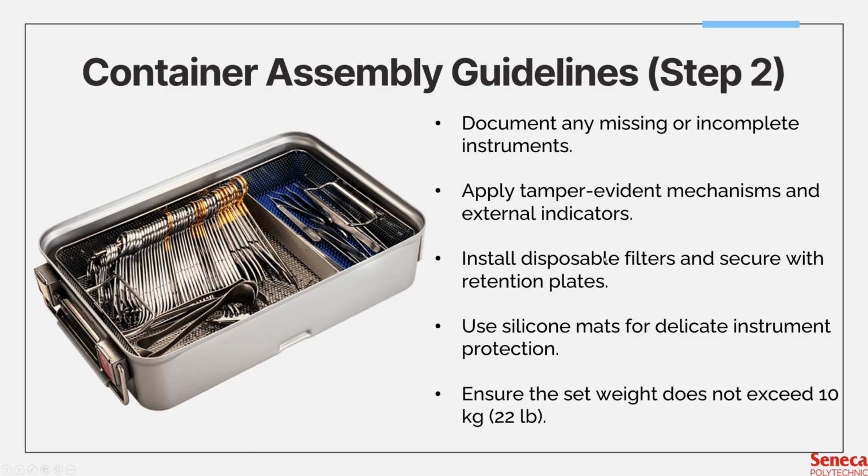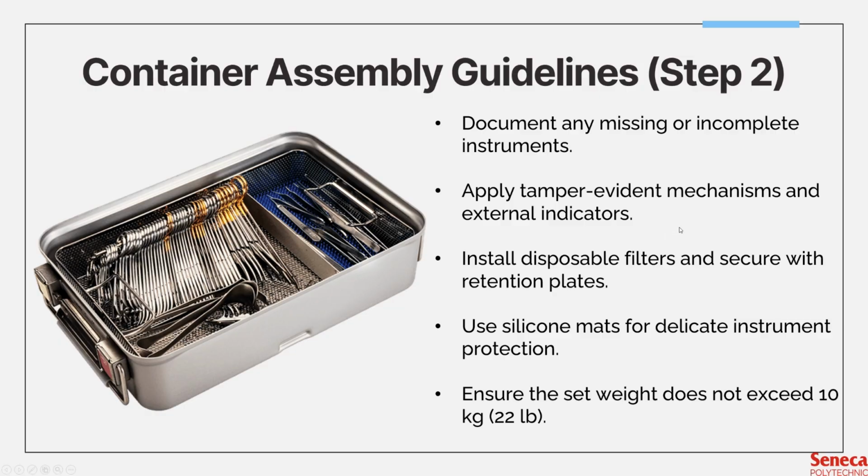So container assembly guidelines, step 2. Once the tray is fully assembled, you have to document any missing or incomplete instruments before sealing it. You have to attach tamper evidence seals and an external chemical indicator to confirm exposure.